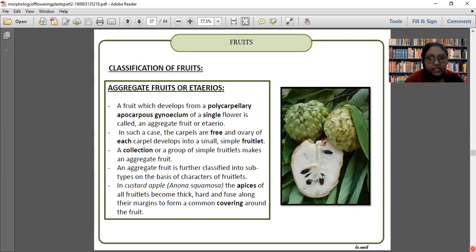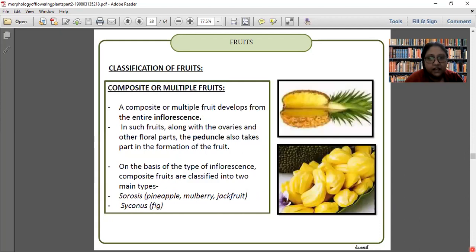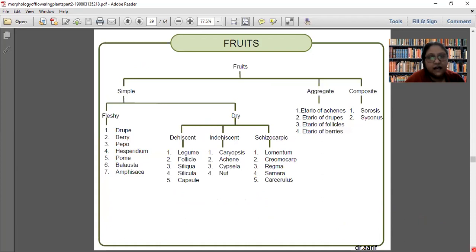But in the case of fruitlets, they can be isolated. So jackfruit is the case where you can clearly see the fruitlets, and this is also another example of composite fruit, that is pineapple. Okay, so these are the further classifications you can see here.